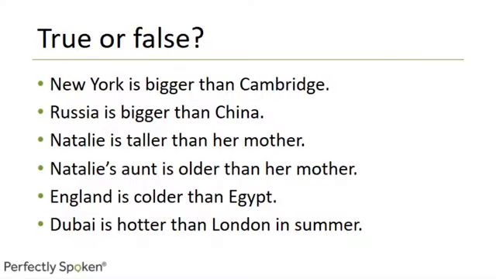New York is bigger than Cambridge. Russia is bigger than China. Natalie is taller than her mother. Natalie's aunt is older than her mother. England is colder than Egypt. Dubai is hotter than London in summer.